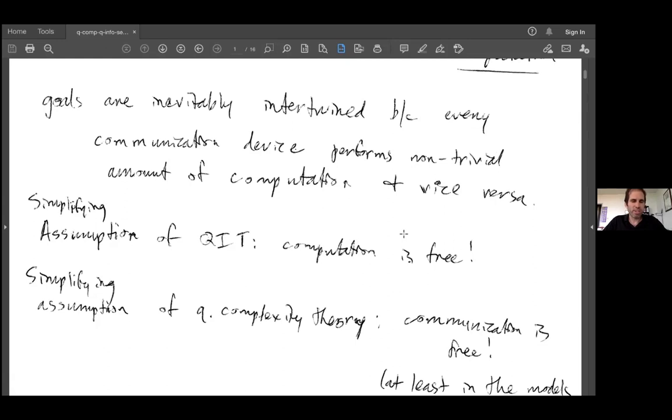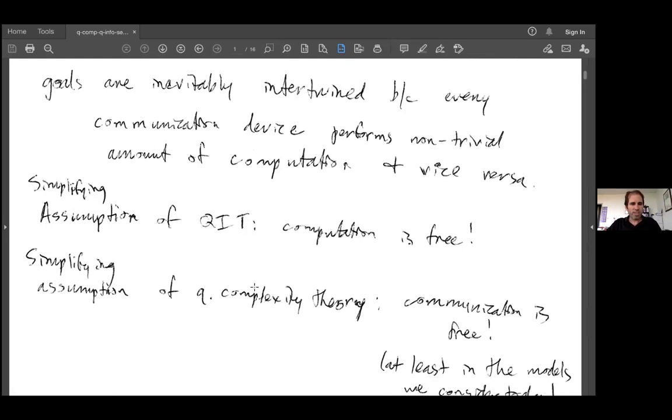Typically, Alice is the sender and Bob is the receiver. And in order to make progress on communication questions, you make the simplifying assumption that computation is free. That makes the theory a lot easier to deal with, and then we can figure out what the limits to communication are.